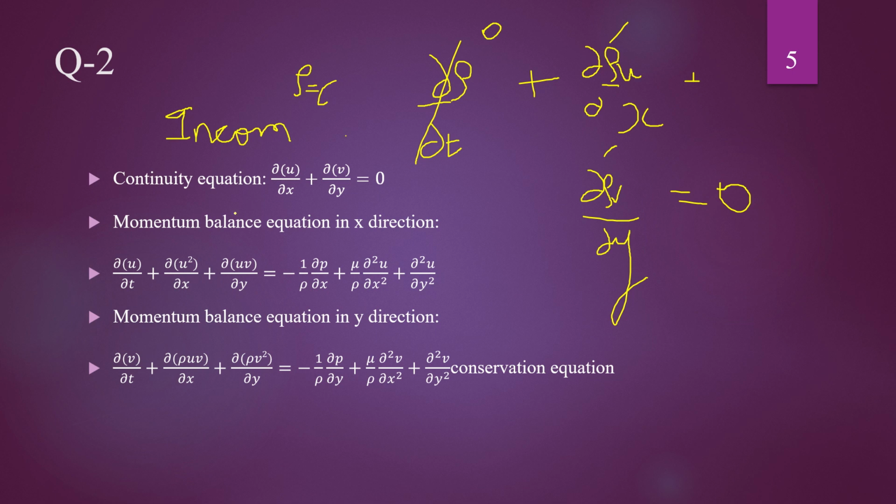And the momentum conservation equation in the x direction is given by ∂u/∂t + ∂u²/∂x + ∂(uv)/∂y = -(1/ρ) ∂p/∂x + (μ/ρ)(∂²u/∂x² + ∂²u/∂y²). The ρ is common over here, and again it is common.